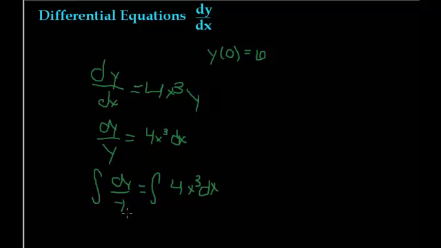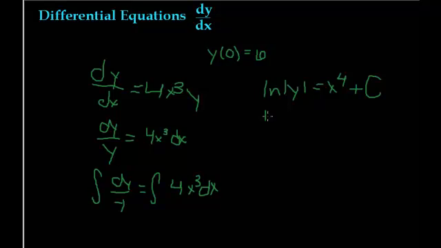So the antiderivative of 1 over y is the natural log of the absolute value of y. And then the antiderivative of the x side of the equation is just going to be x to the 4th plus c. And remember, c is your constant. So now we're at the point where you can plug in your two initial positions, part of the equation.